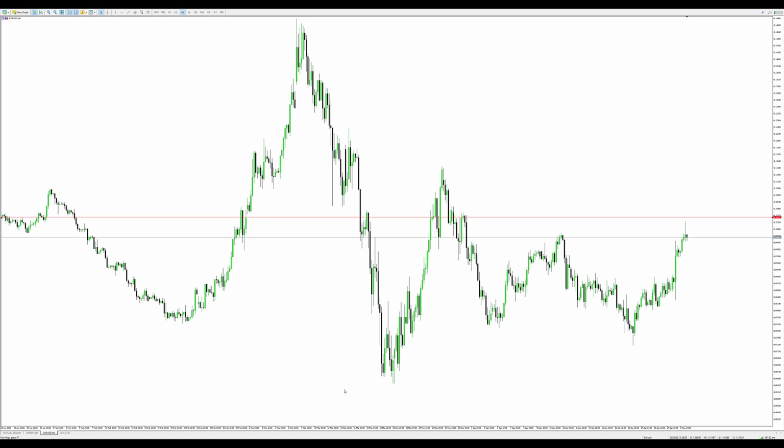So euro USD, we have to expect a low to come in since we are bullish on euro USD. Expect the low of the week to come in either on Tuesday or Wednesday during London or New York session. The low of Tuesday is going to offer good opportunities to go to the upside, or the low of Wednesday.